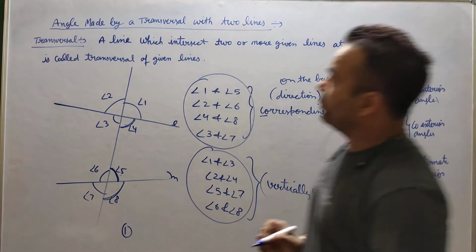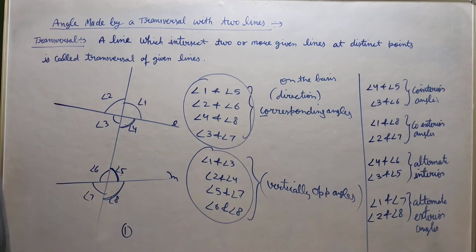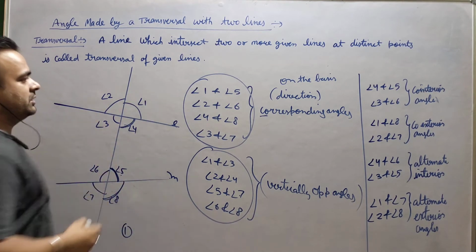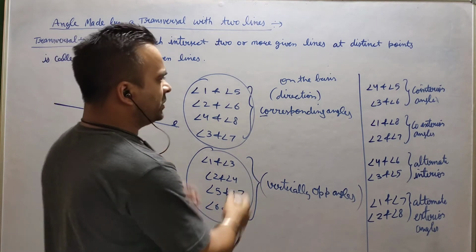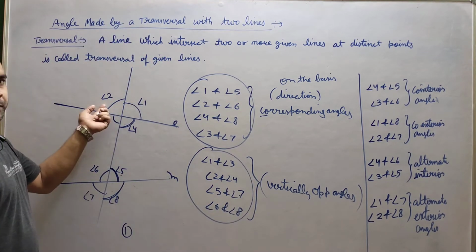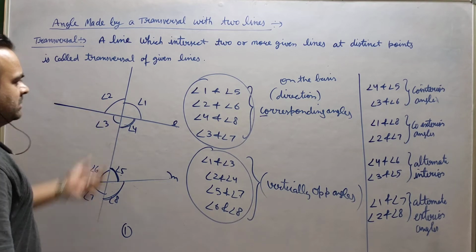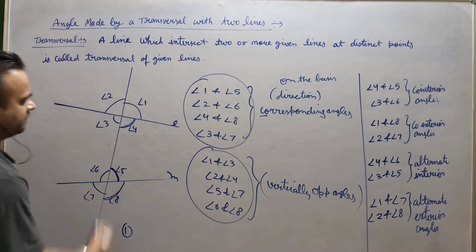Before entering this particular topic of transversal, we should understand the meaning of vertically opposite angles, corresponding angles, and linear pairs, because everything will be included here. If you see this one, angle 1 and angle 2, what are they? They are a linear pair, if I try to connect with the previous knowledge.